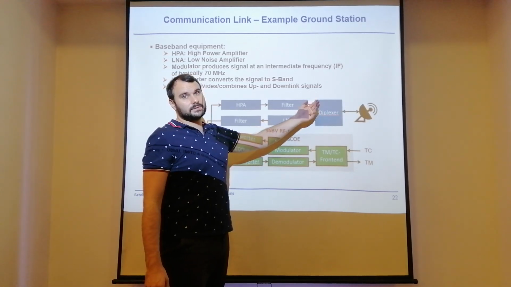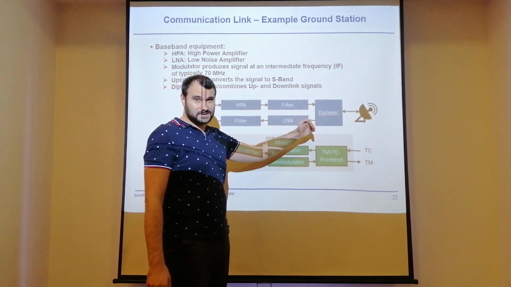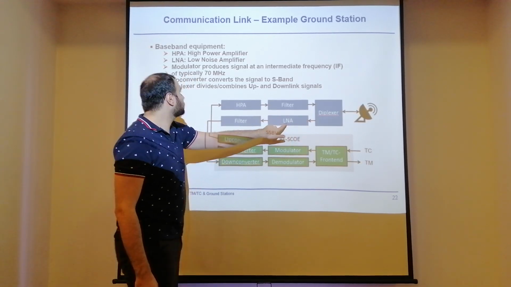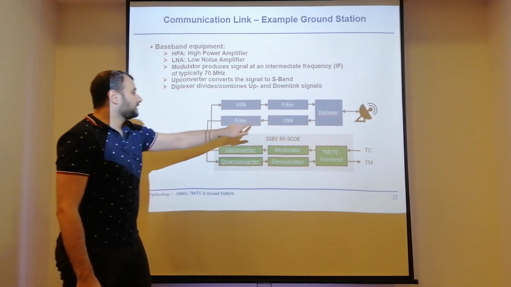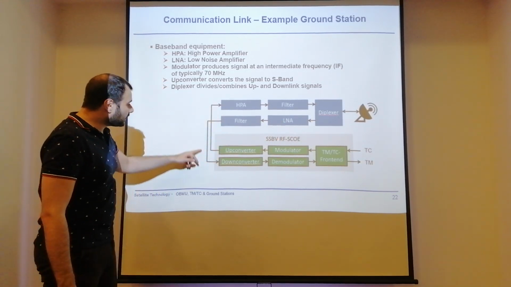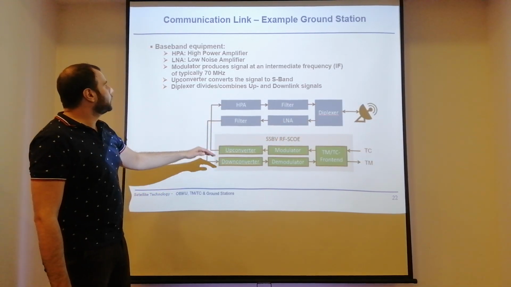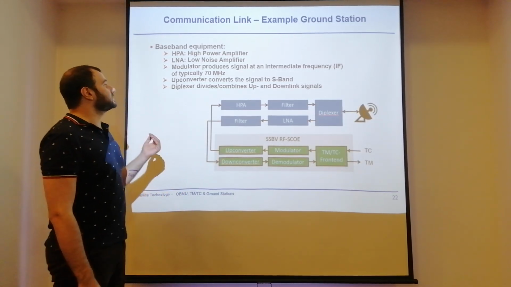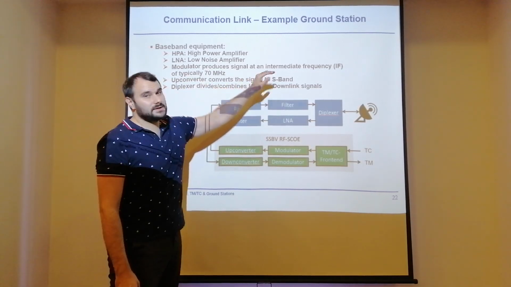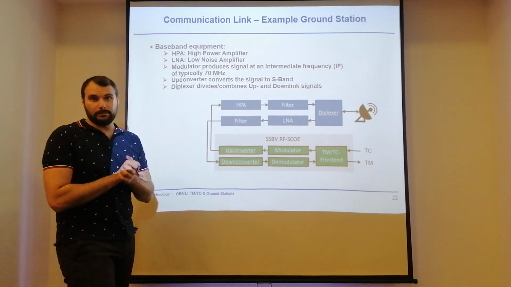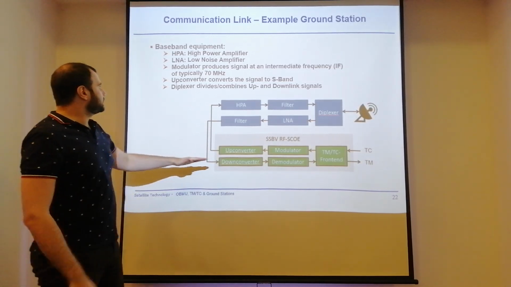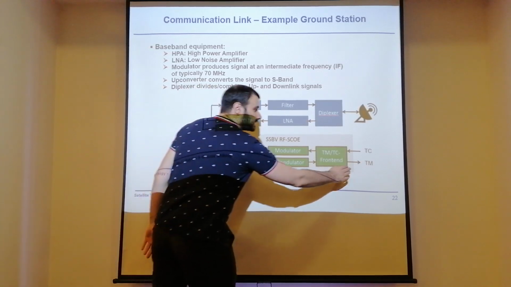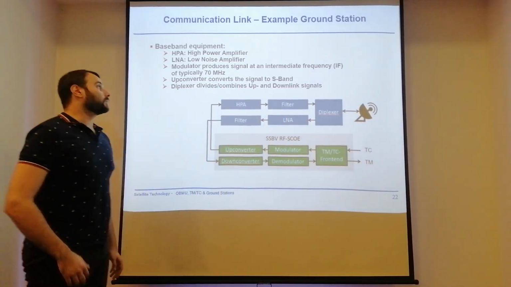And since our receiving signal will come on a different frequency, it's easy to put it into the reception path where we have a low noise amplifier, a filter, and then the down converter section to go down from S-band into our intermediate frequency range, usually around 70 megahertz. The signal is then demodulated and goes via the TMTC front end to the basic bits of the signals we want to have.